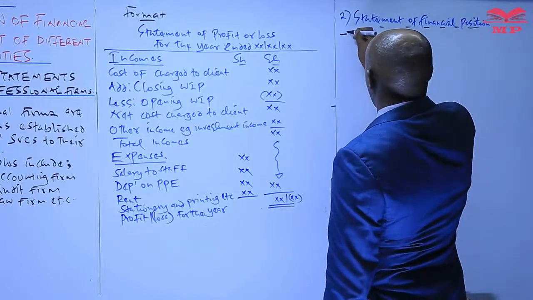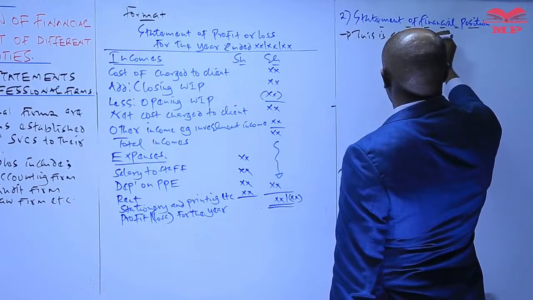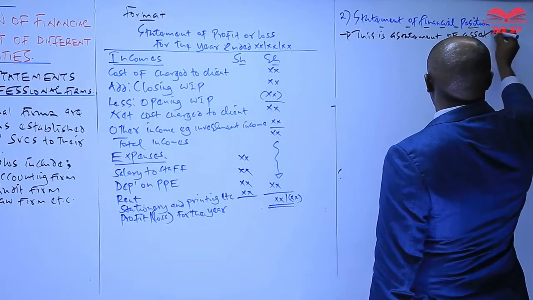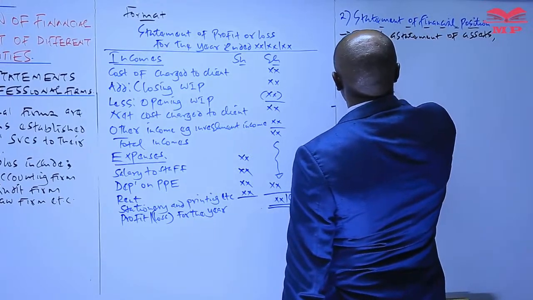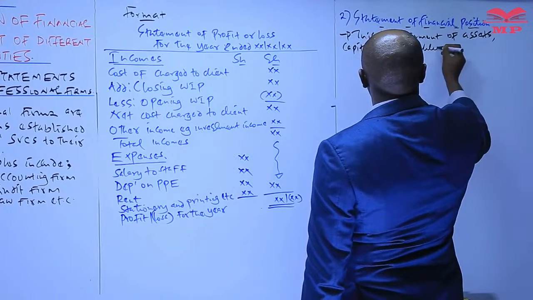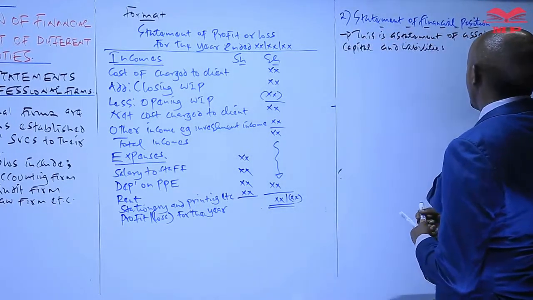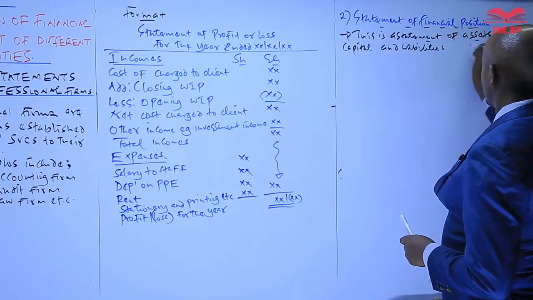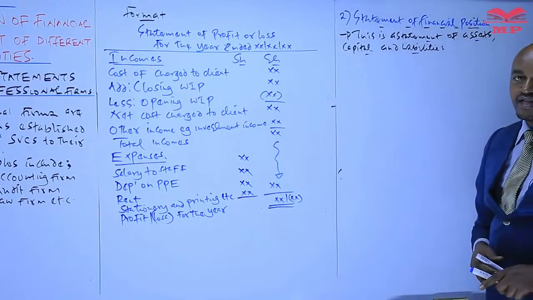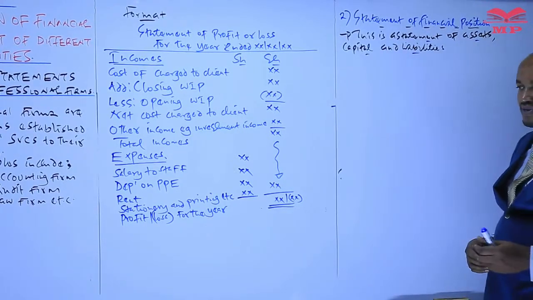Capital. So it is a statement of assets, capital, and what? Liabilities. This statement of financial position will be prepared to record these items.